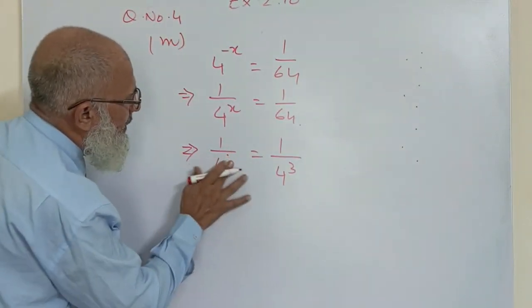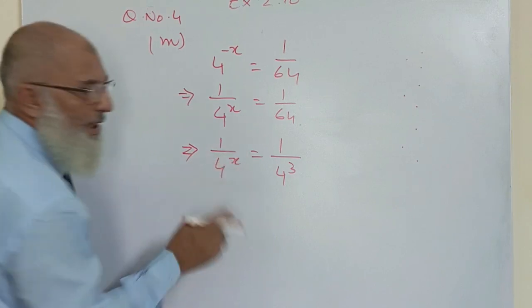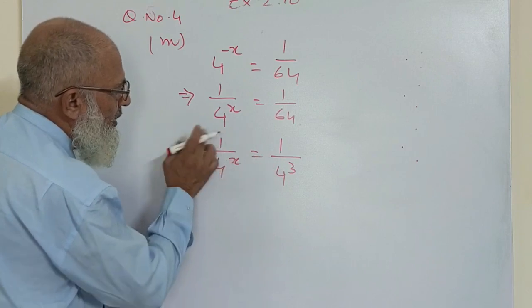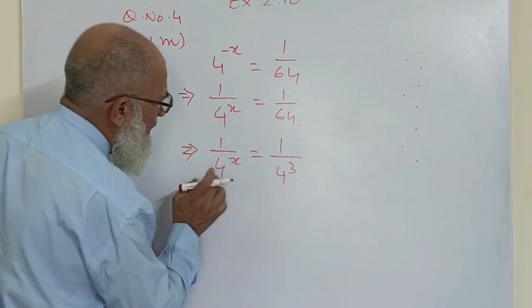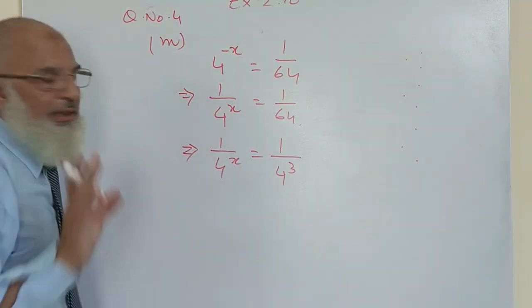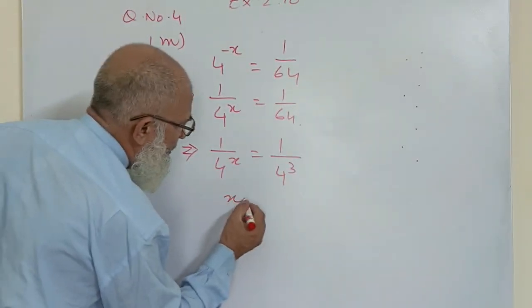So when the bases are the same, again the same law, when the bases are the same with an equal sign, here it is 4, here it is 4, all conditions satisfied, so x is equal to 3.